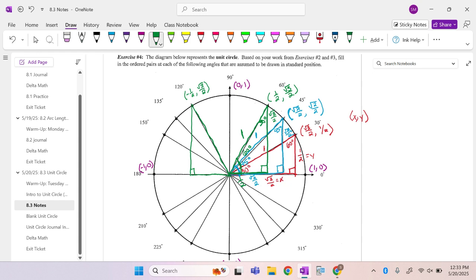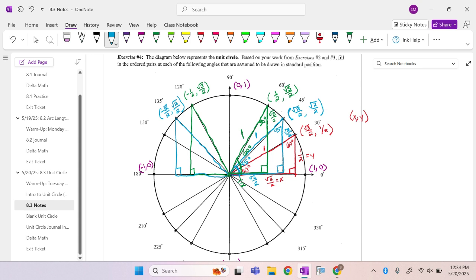What about from 135 to 180? How far away is that? 45 degrees. So, which triangle over here do you think we're going to use? The blue. So what do you think the new point's going to be? Right. So this is the blue triangle. So we take whatever the point is at the blue triangle and then just change the sign to fit the quadrant. So it'd be negative square root 2 over 2, positive square root 2 over 2.